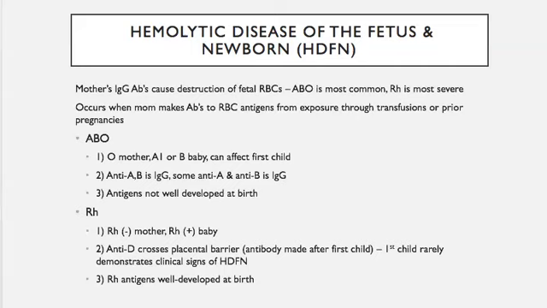It's in subsequent pregnancies with Rh positive babies that we start to see the more severe reactions, because mom has already developed that antibody, anti-D, after the first child, and so in any subsequent pregnancy with an Rh positive baby, that anti-D can attack the baby's cells. The Rh antigens are well developed at birth.